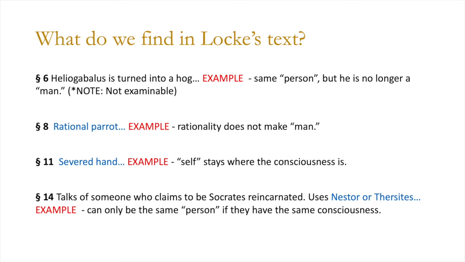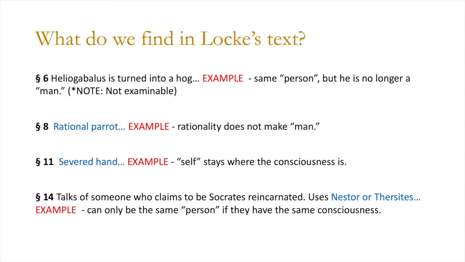And you'll all remember from our other video on Locke and the PowerPoint on Locke, Locke initially presents three possible criteria or ideas about where identity resides: the substance, man, the generic term, and person.